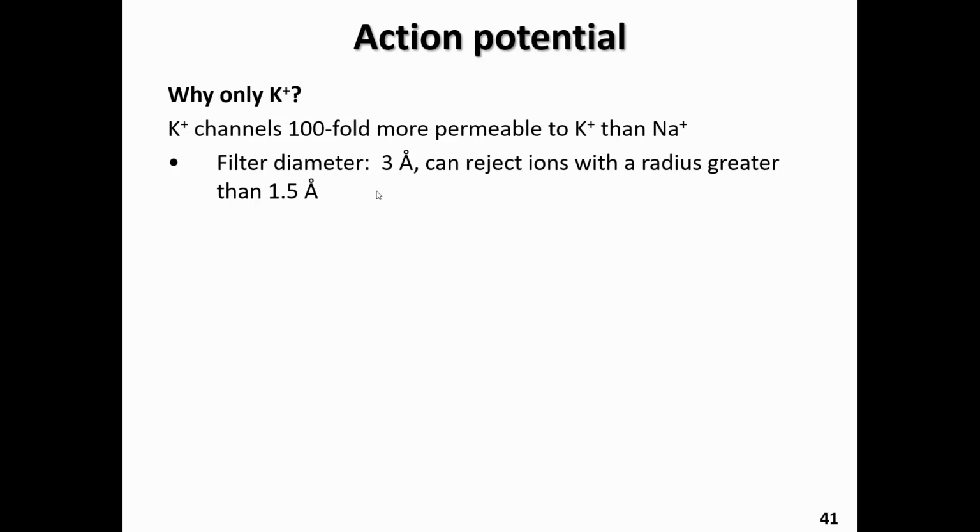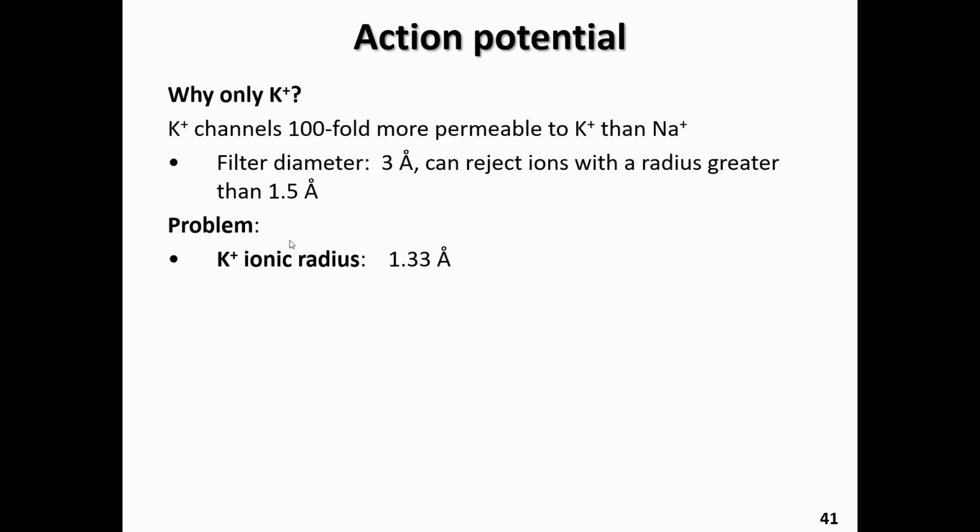So just to review from slide 40, recall that the filter diameter, the selectivity filter, is estimated to be approximately 3 angstroms in diameter. So the filter can reject ions with a radius greater than 1.5 angstroms, which is half the diameter. So ions that are larger than potassium can easily be rejected by the selectivity filter.